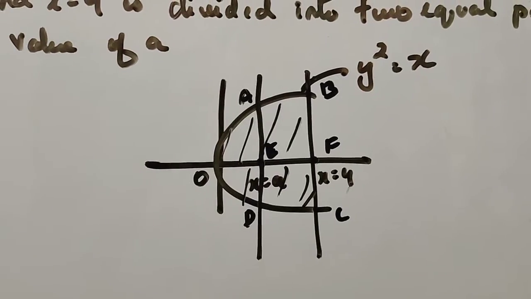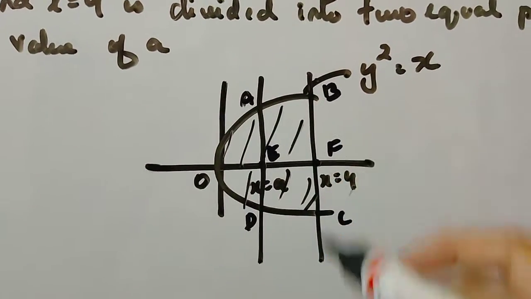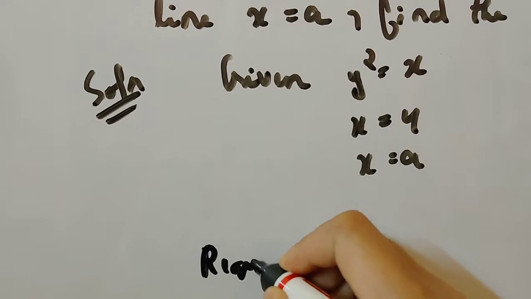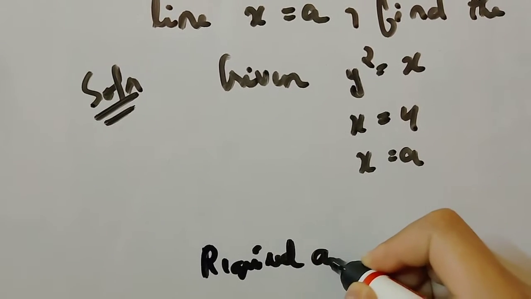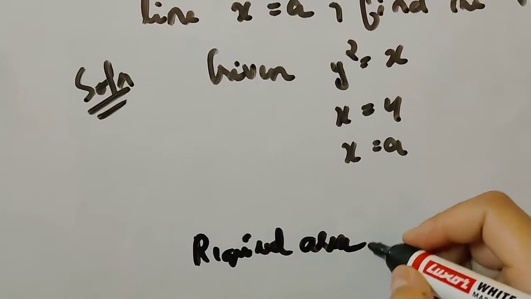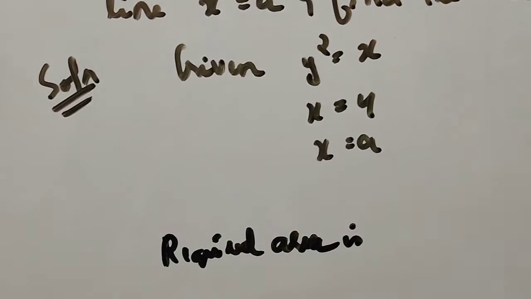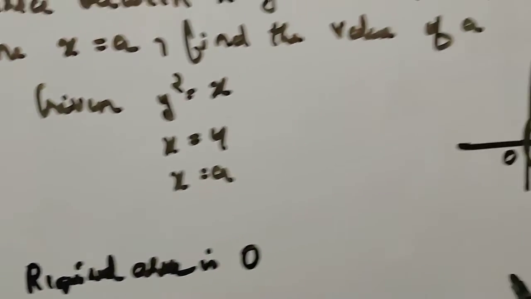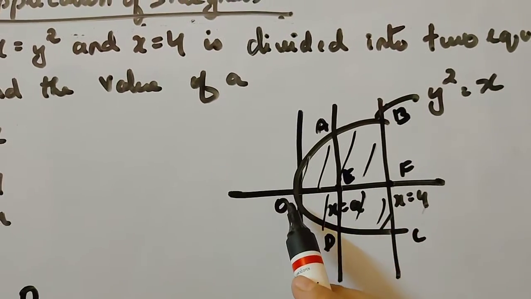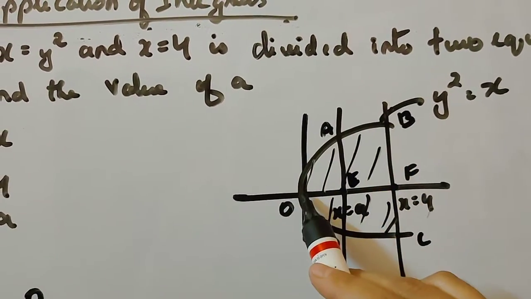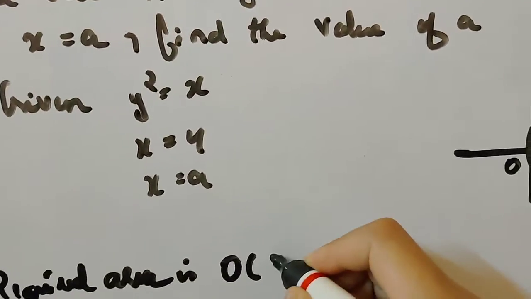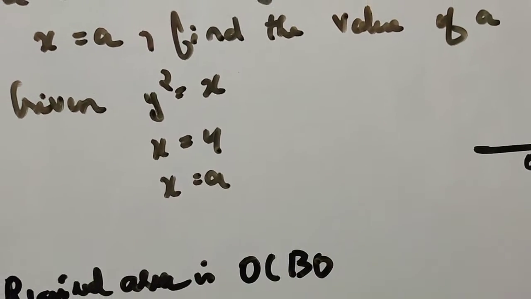So what area do we need? We need the whole area. So the required area is the whole area, which will be O, C, B, O.